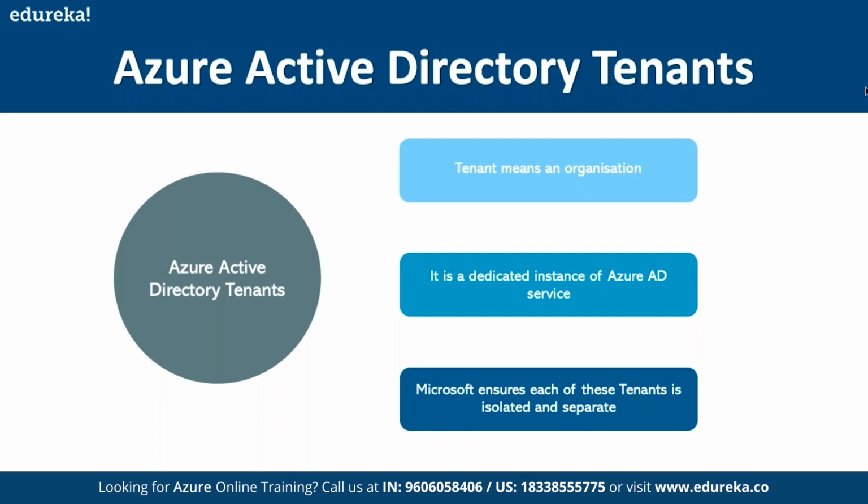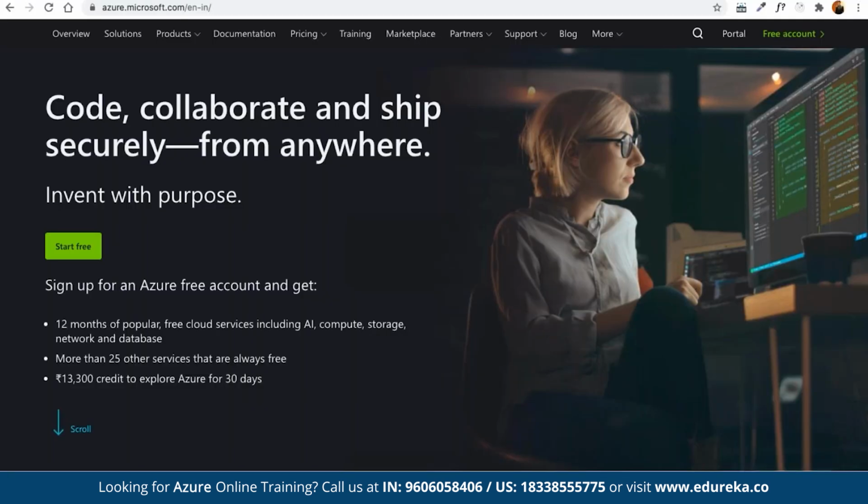In case we are using this for the first time, we can go to the link azure.microsoft.com. Here we'll have the option to create a free account in case we don't have an account yet, and we can use any of the payment methods. When we sign up on Microsoft Azure for the first time, we get $200 of free credits added to our account.